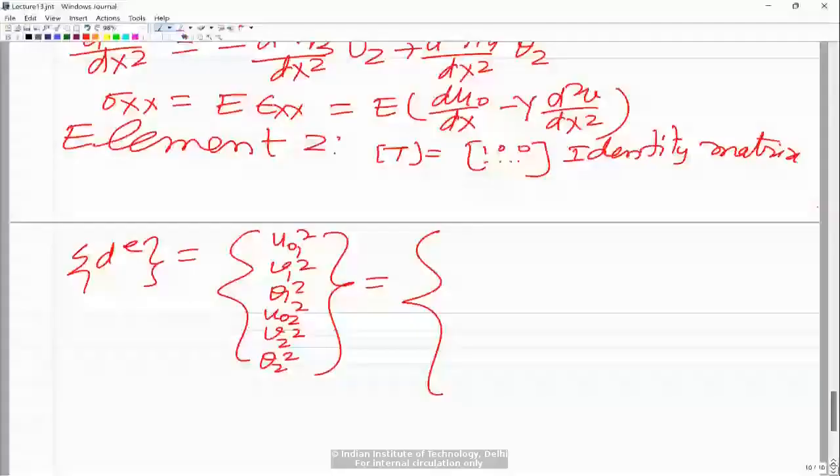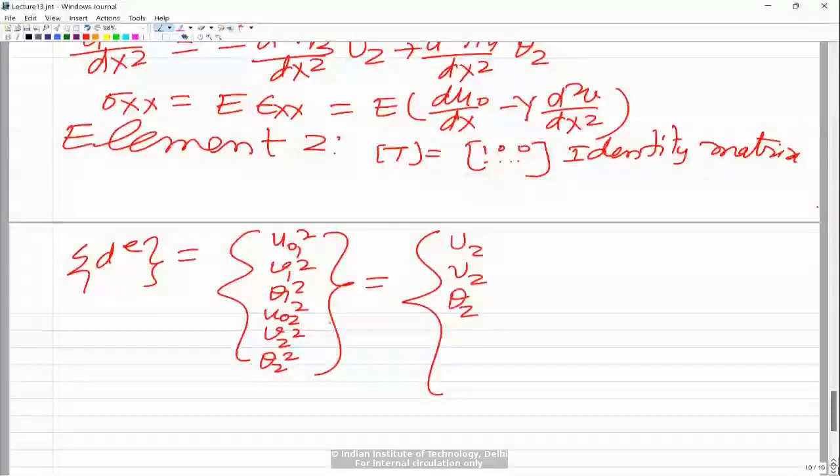Simply because T is an identity matrix, these correspond to global degrees of freedom. So u0 1 would be equal to u2, v1 will be equal to v2, and this would be equal to theta 2, and these will be 0 because u3, v3 and theta 3 are 0. So this will be 0 0 after the transformation. So these are the degrees of freedom.